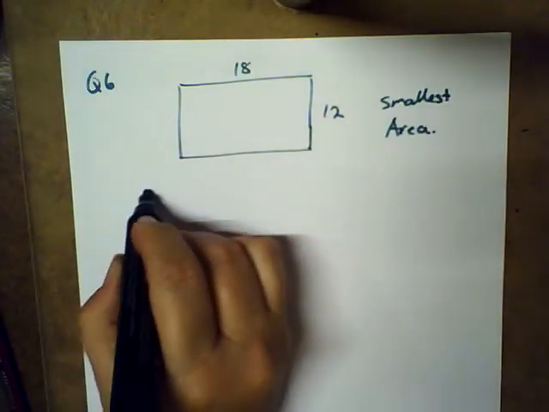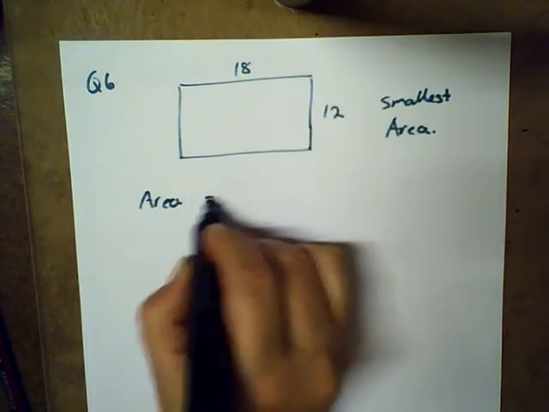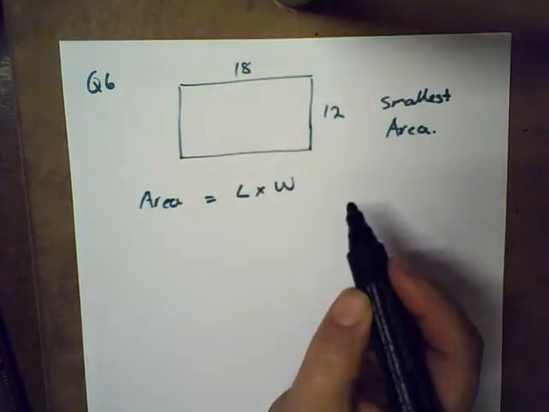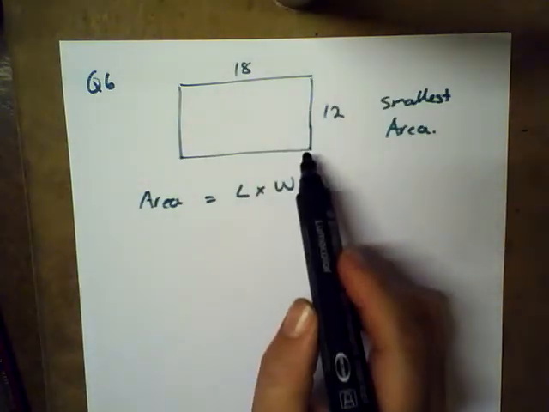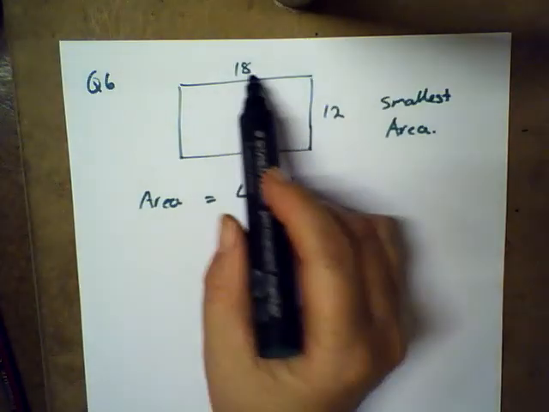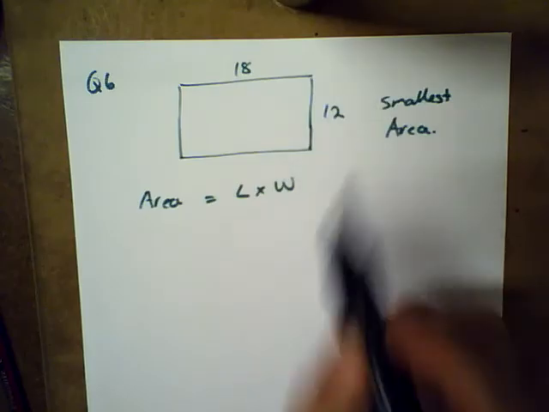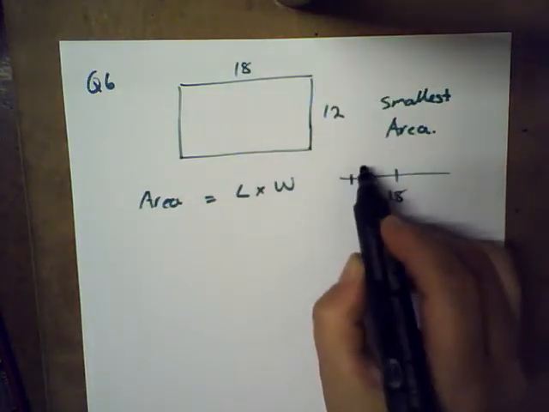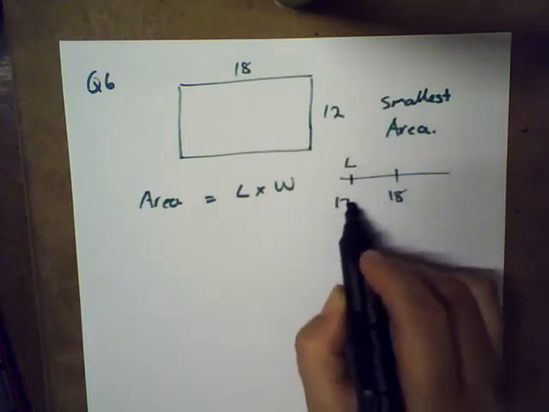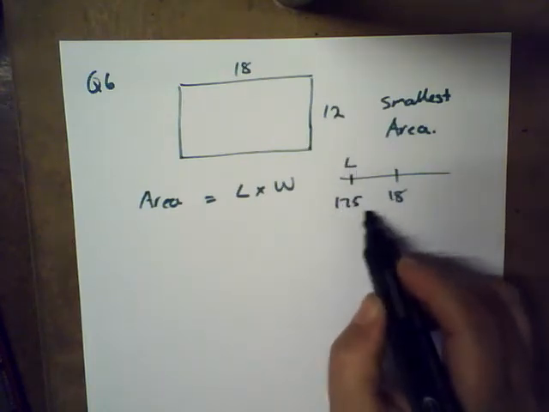Okay, so we know the area of a field is length times width, but before we can actually calculate length times width, we've got to find the upper bound and lower bound of each of these sides.